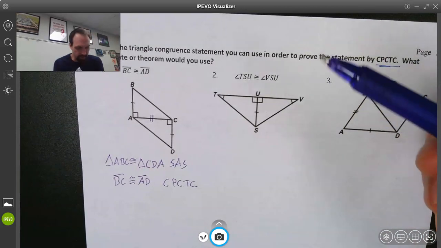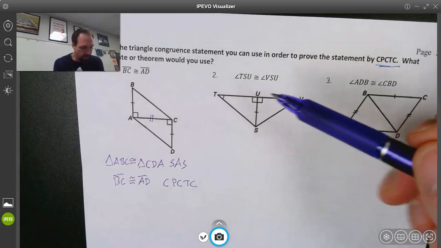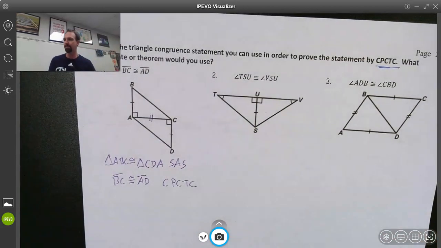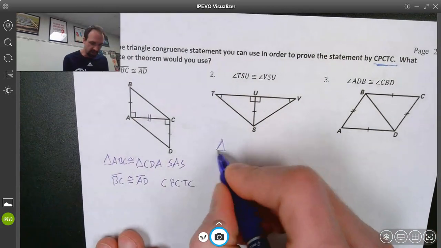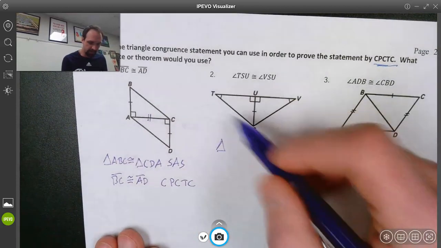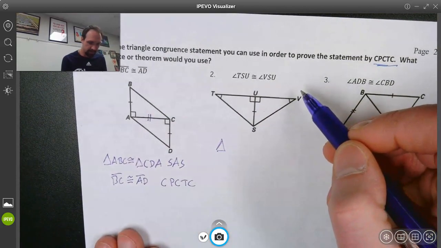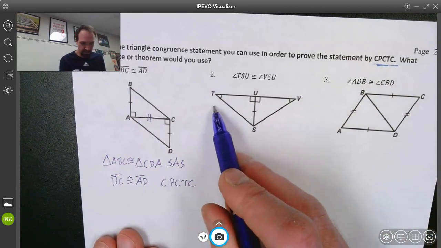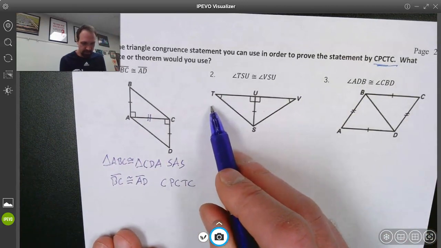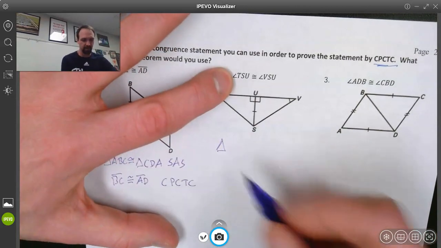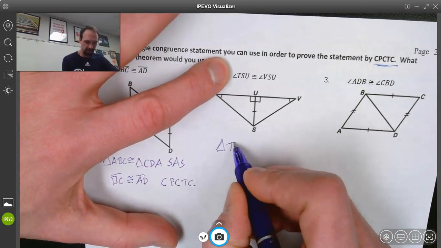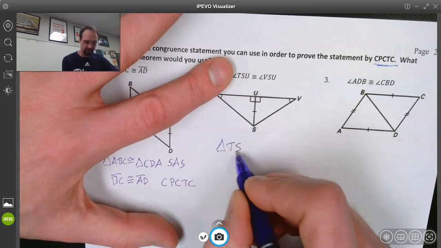we have angle, angle, side. So I'm going to say that triangle, I can just follow the order that we have here, because we're talking about the same corresponding angles.